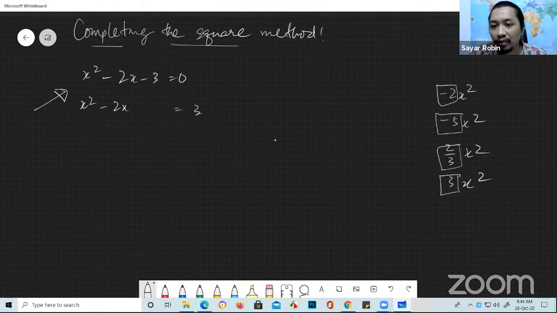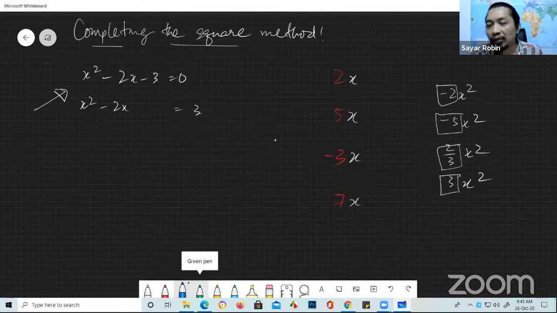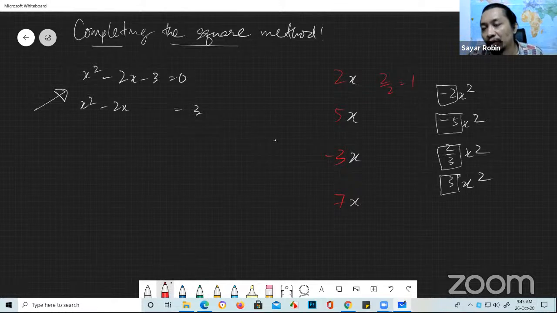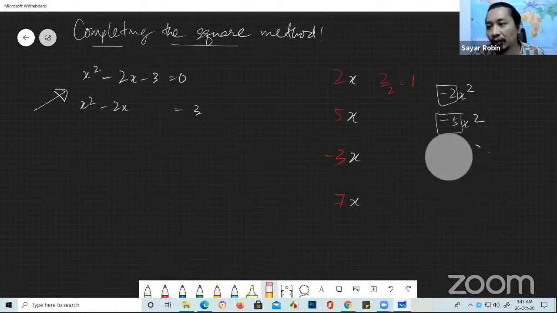The coefficient of x could be 2, 5, negative 3, 7, something like this. Here the coefficient of x is equal to 2. To complete the square, you just need to divide 2 by 2, which is going to be 1. So you have to complete with 1 squared. Okay, I'm going to erase it.